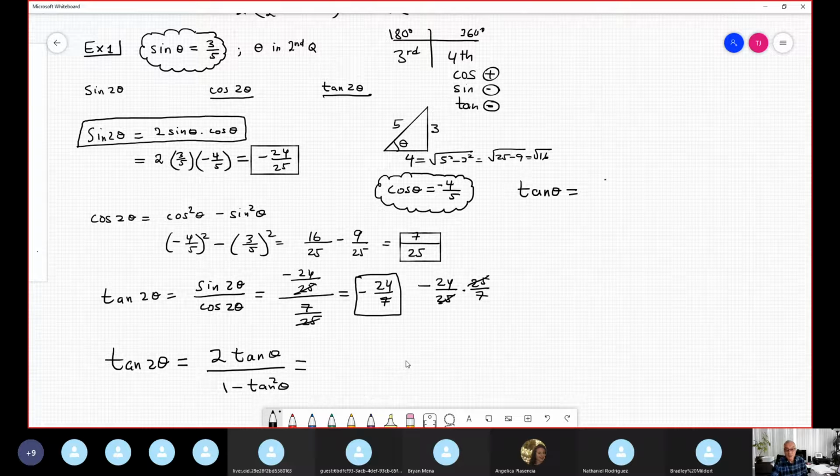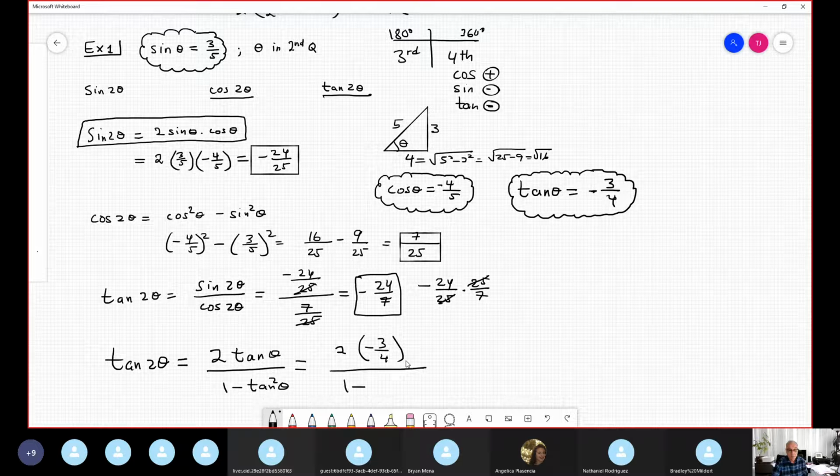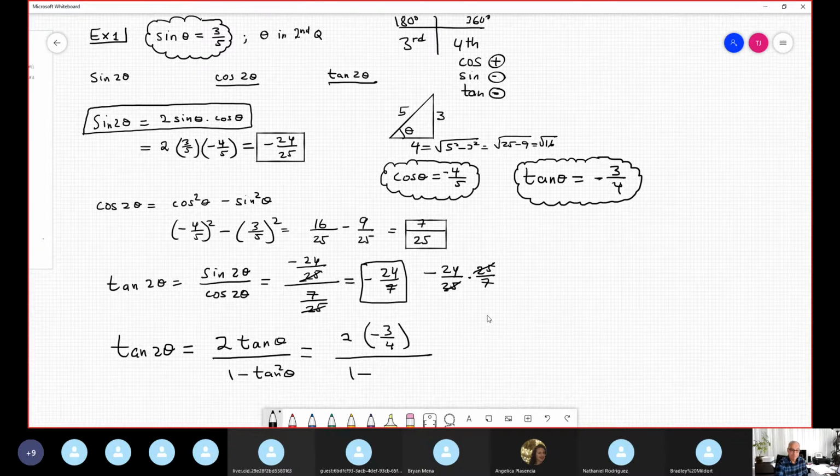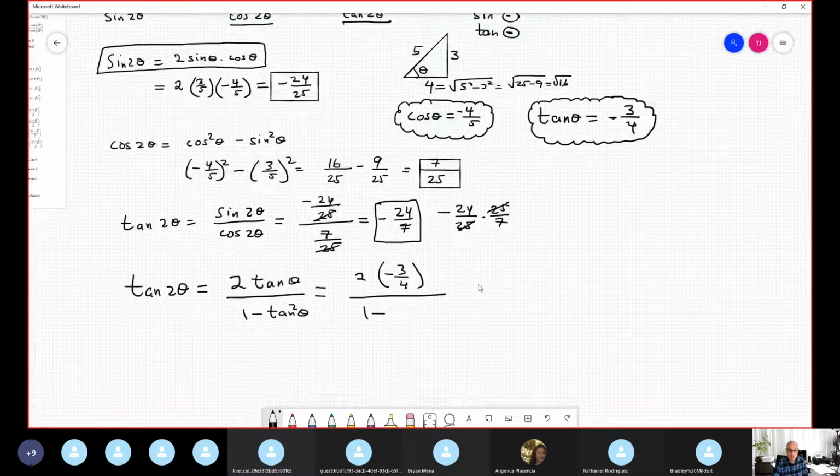It's opposite over adjacent, but of course negative because my original theta lies in the second quadrant. Okay, let's do it. Entonces 2 times negative 3 over 4, over 1 minus negative 3 over 4 again squared.